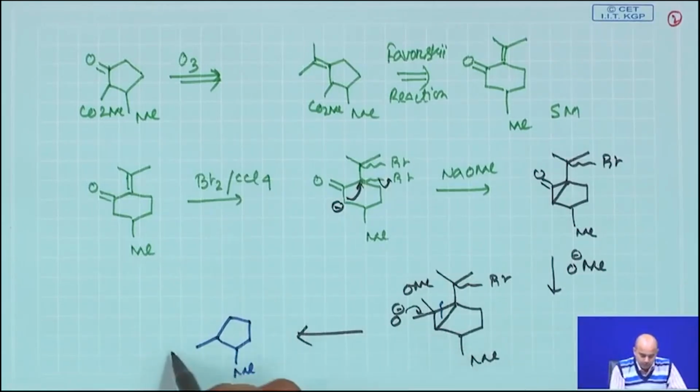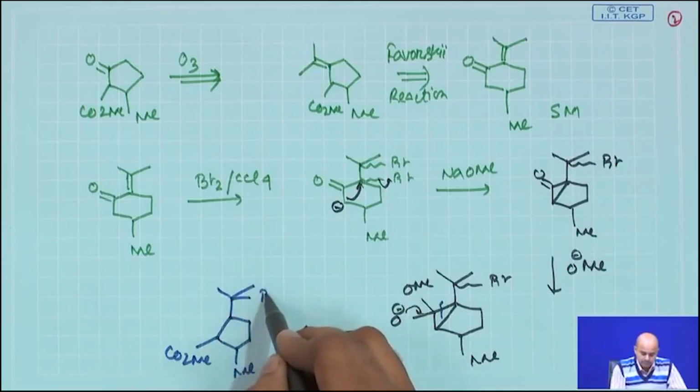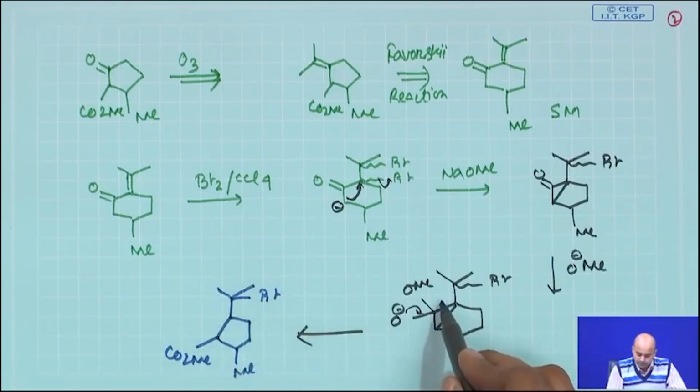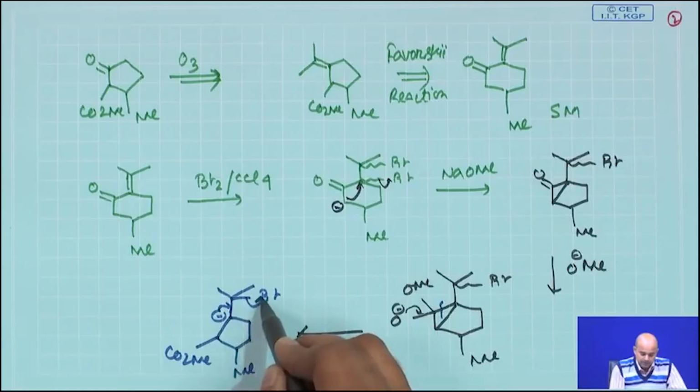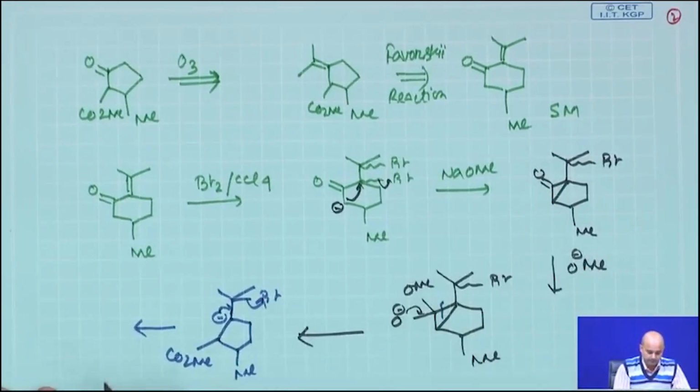methyl and CO2Me now coming adjacent, and after this particular bond cleavage you have this negative charge here. This negative charge now triggers the elimination of this bromide, and once this bromide elimination takes place, you will get the compound which you are looking for.